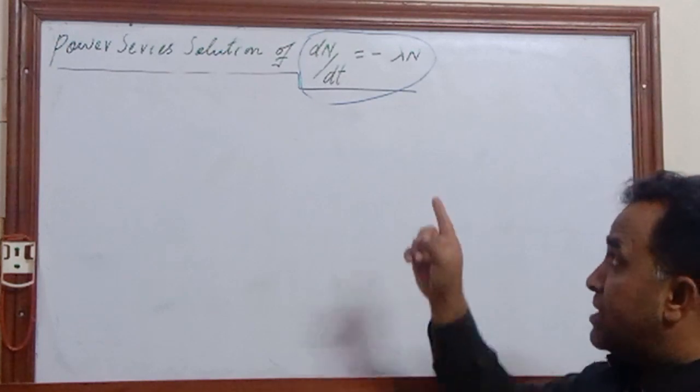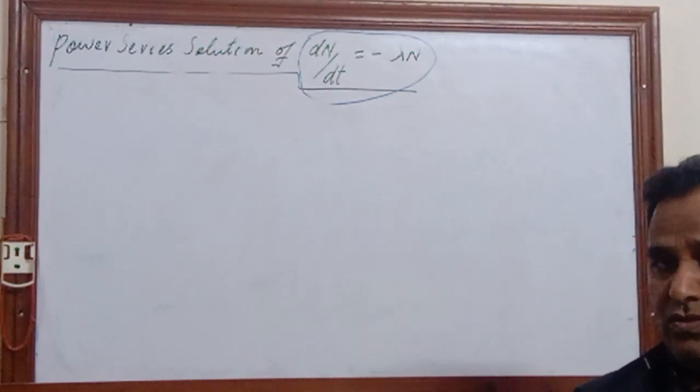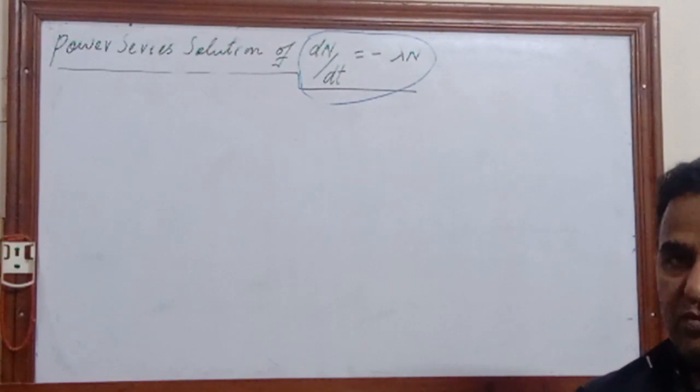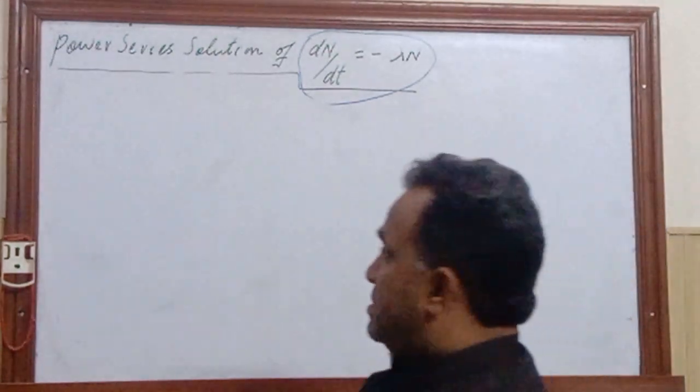So here in this case, if we take a value of time about which we want to get the information about the solution, let's say time t is equal to t naught, right?